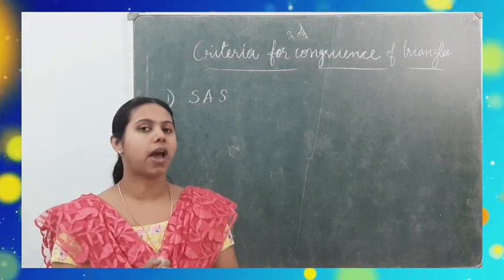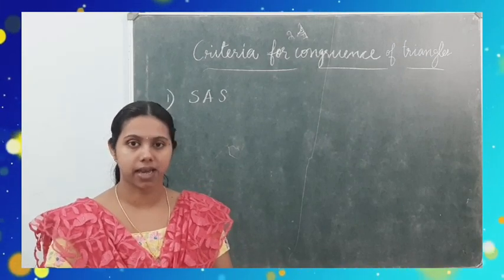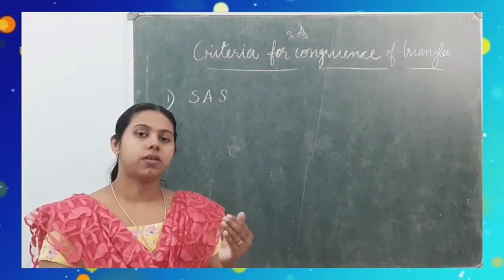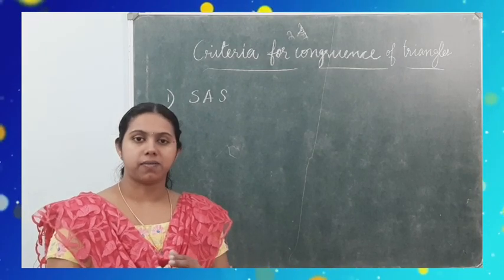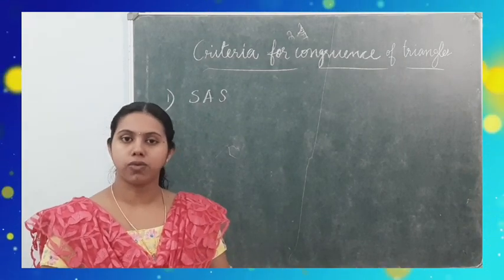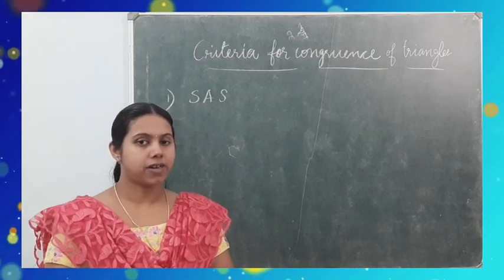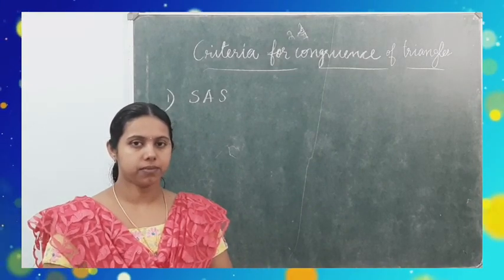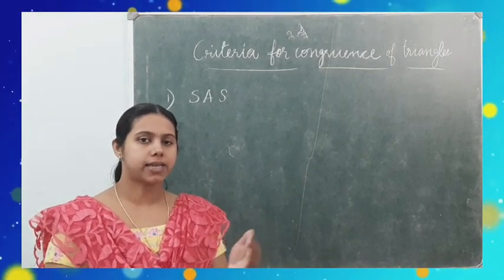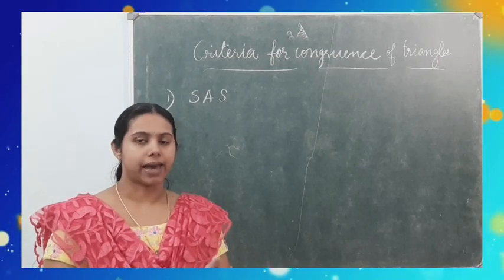In earlier classes we have studied this side, angle, side. So this is a statement that we cannot prove using the previous results. So we consider it as an axiom.